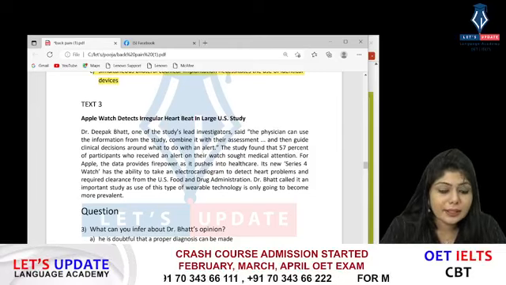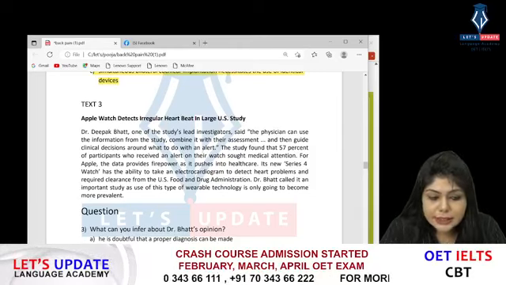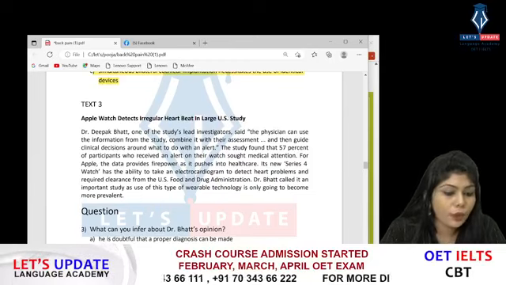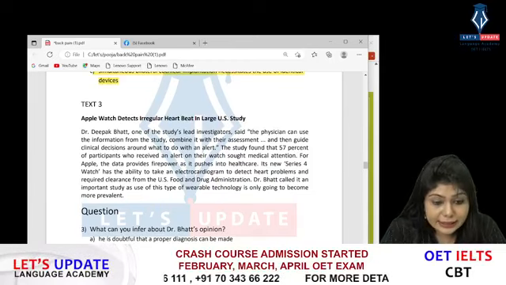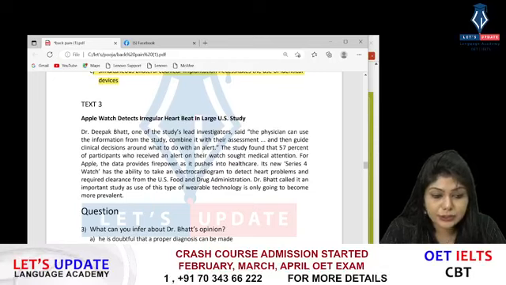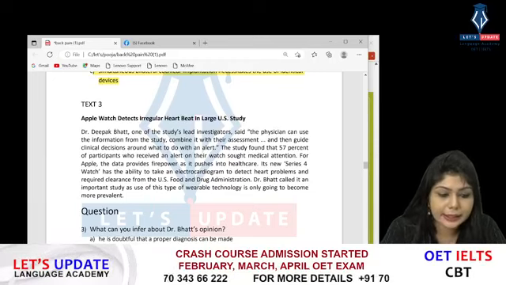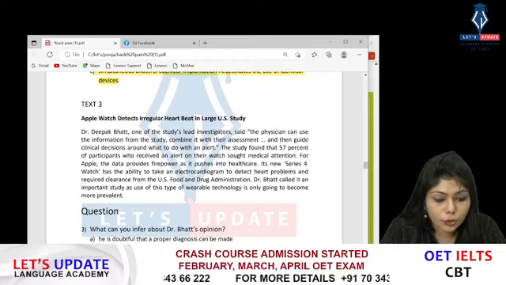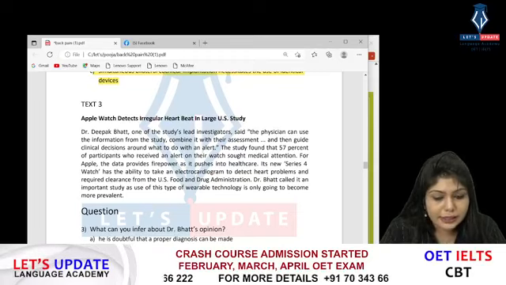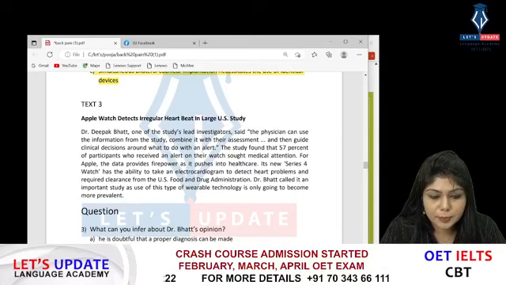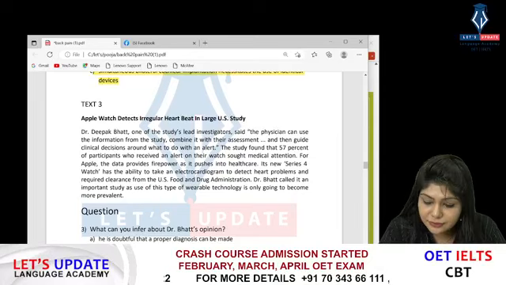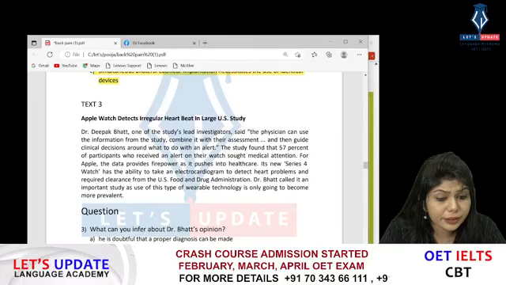So now let's read the extract together. Dr. Deepak Bhatt, one of the study's lead investigators, said the physician can use the information from the study, combine it with their assessment, and then guide clinical decisions around what to do with an alert. The study found that 57% of participants who received an alert on their watch sought medical attention.